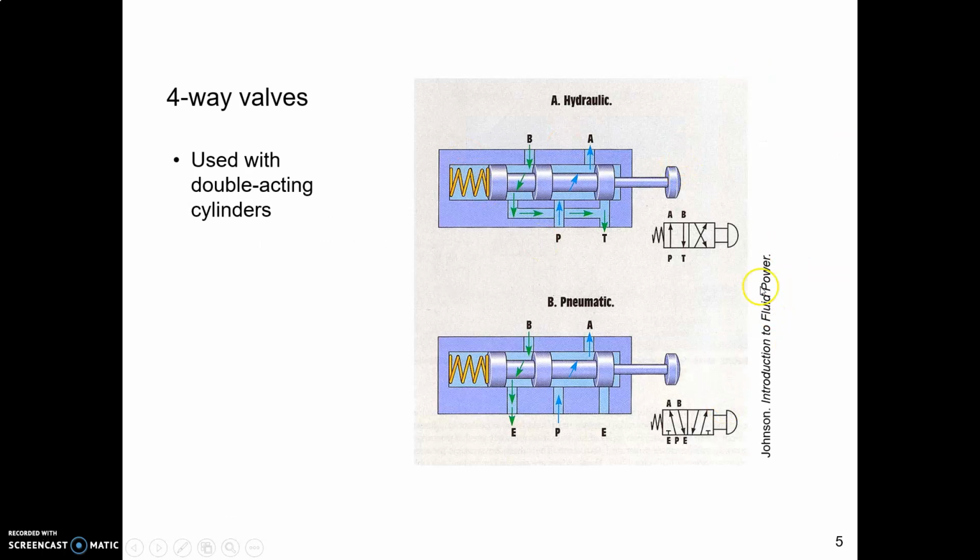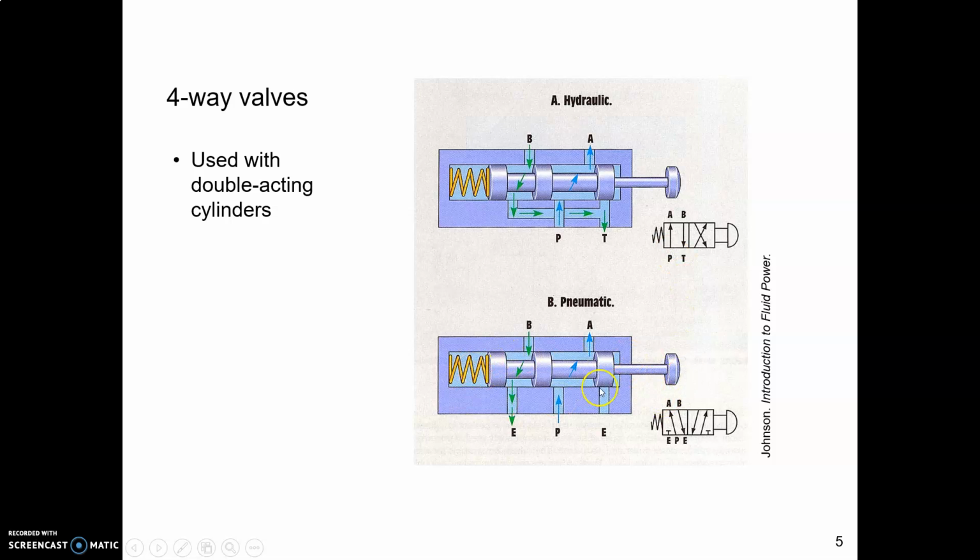This is out of that fluid power textbook, a diagram of what a 4-way valve looks like. And in hydraulics, as the spool is shifted side to side, the oil can flow back to tank.